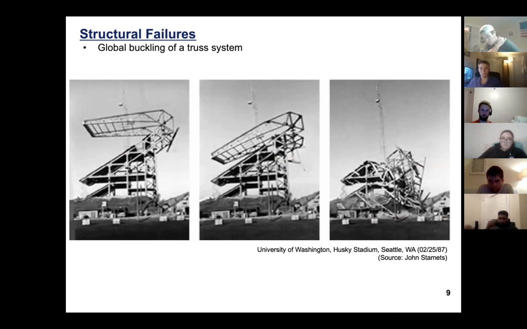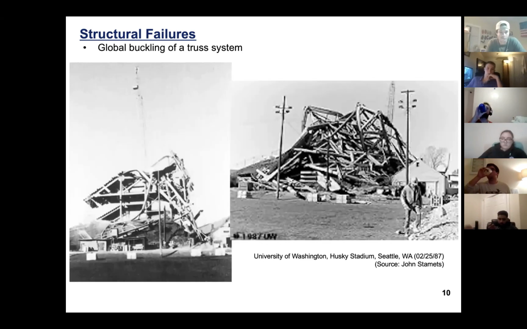In this case, lack of redundancy was also part of the reason why this stadium made of steel structures failed. As you can see, when the buckles occurred, the total failure followed, and that usually takes place within a few minutes. When that happens, there's no way to stop it.